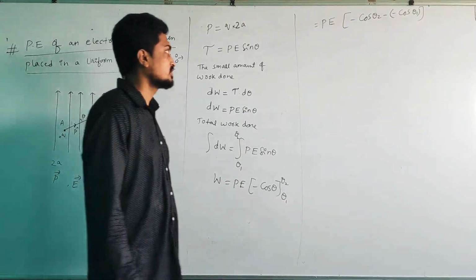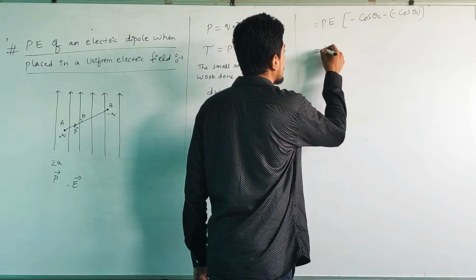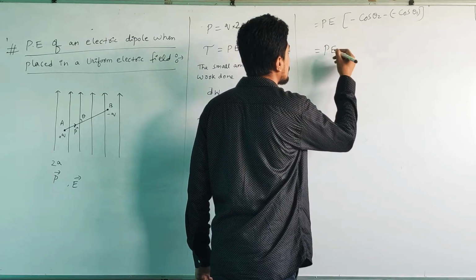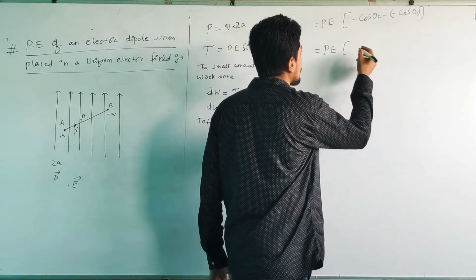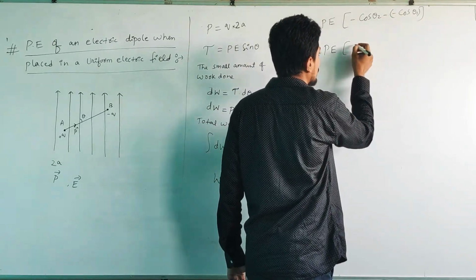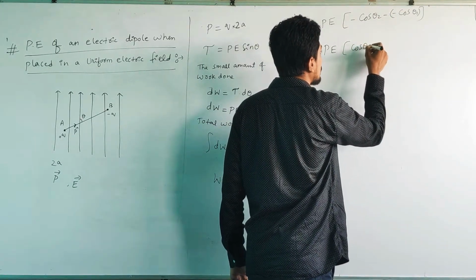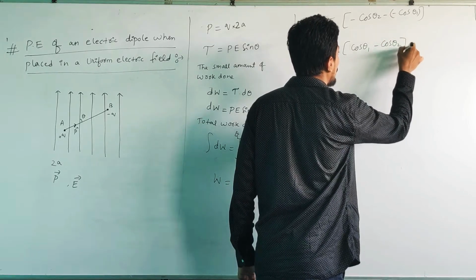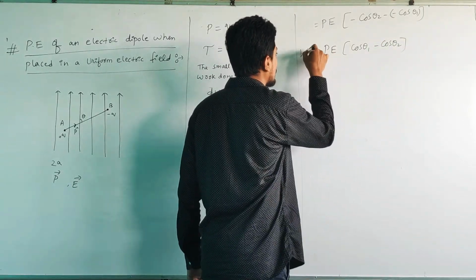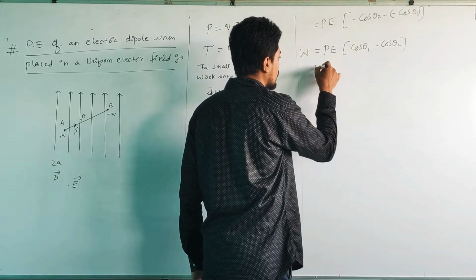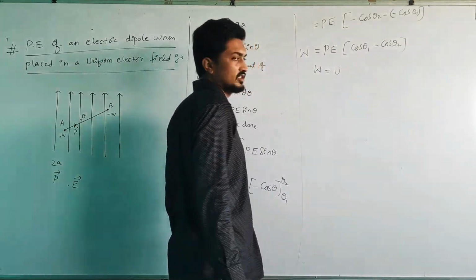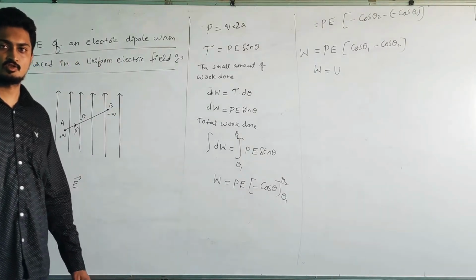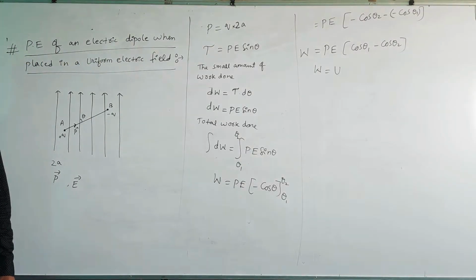Now simplify this, we get P E multiplied by minus minus plus, so first we write cos theta 1, next cos theta 2. So this is the work done, and this work done is stored in the form of potential energy.